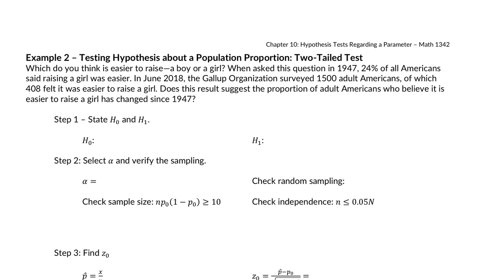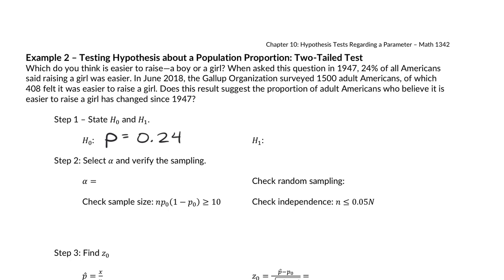We start by stating the null and the alternative hypothesis. Remember, the null hypothesis is always an equal sign. So what was the proportion of the population that we knew about in 1947 that thought raising a girl was easier? 24%, so 0.24. That is the norm.